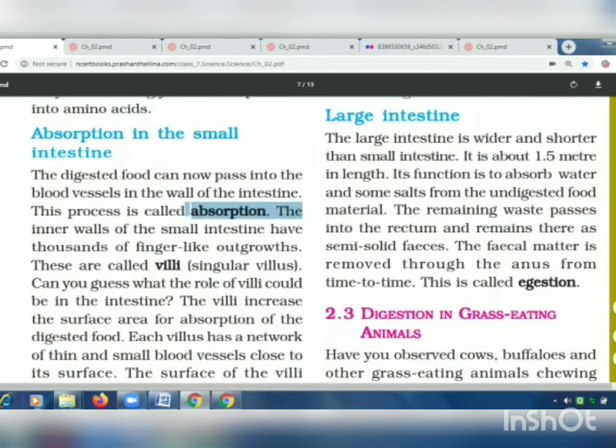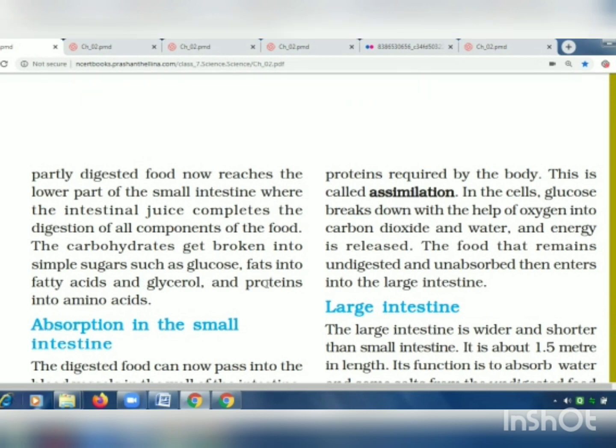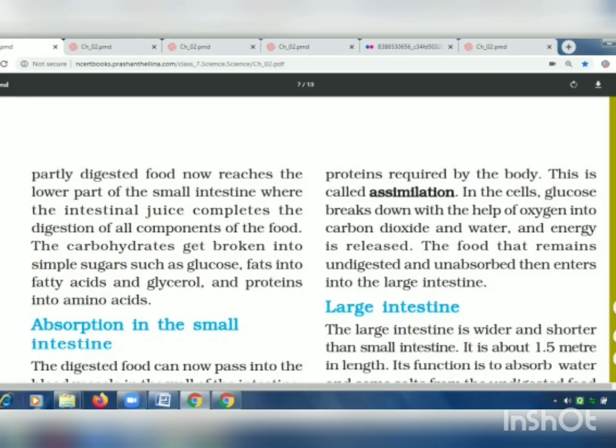Assimilation is passing the food, for example glucose, fatty acids, glycerol and proteins, to each and every organ inside our body so that the body can use it. That is called assimilation.